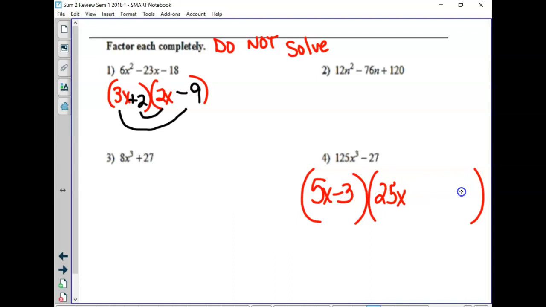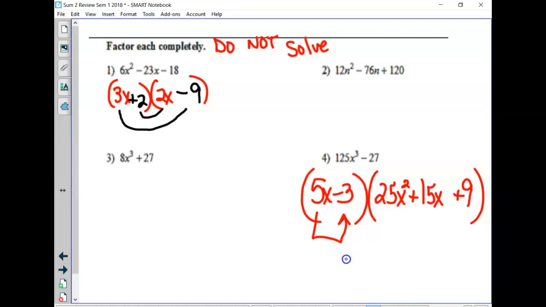At the end is 3 times 3, or 9 plus, yep. In the middle goes one of these times one of these, which would be a 15x, but the rule is if this was negative up here, this one stays the same, and this is the opposite. Oh, I missed a squared. Sorry. I should have a squared right there.